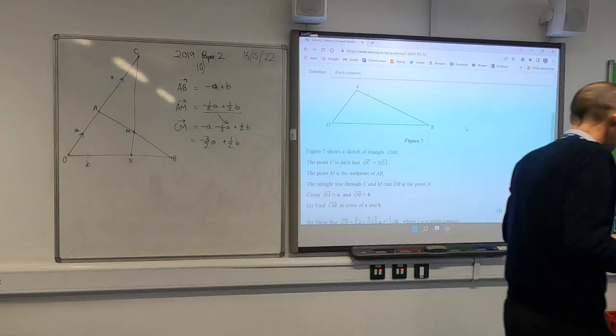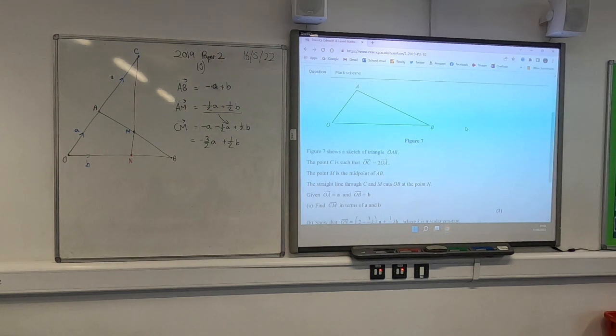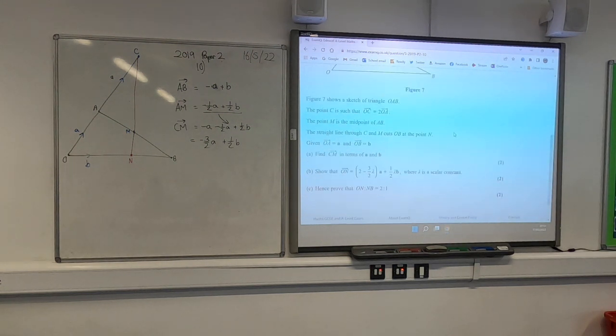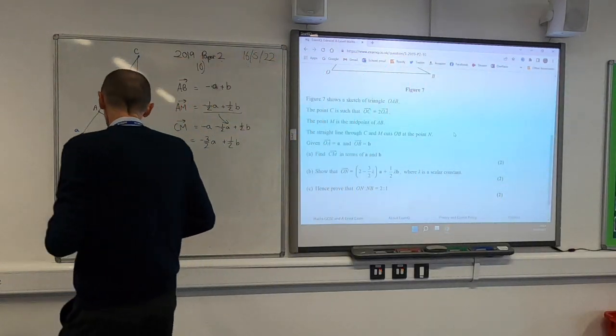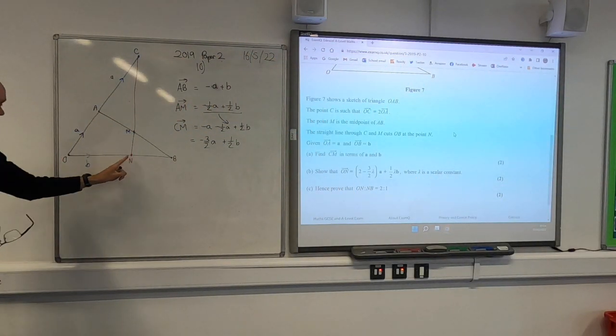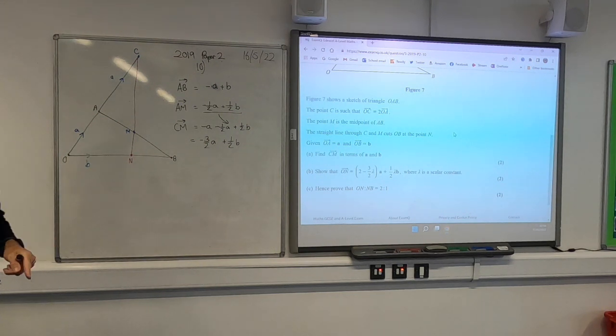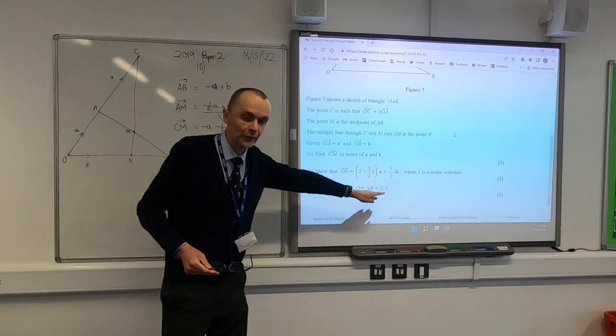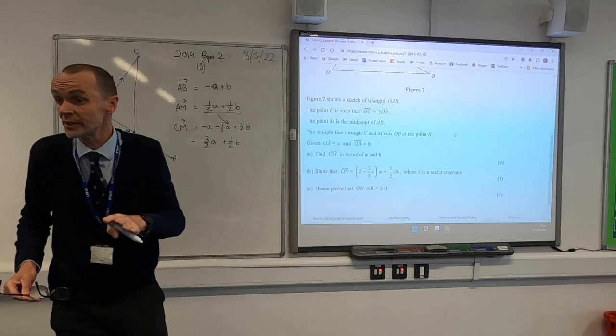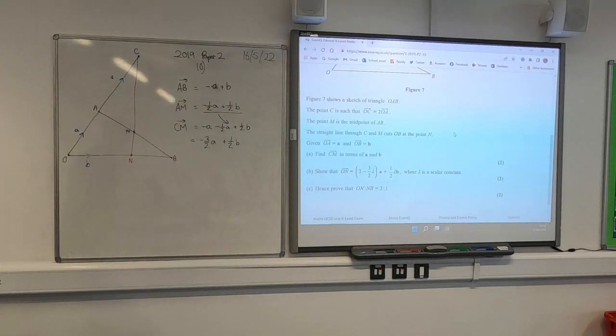Okay, they now ask about the journey from O to N. Now we don't know how far along OB N is, so I can't just say O to N equals some fraction of b, although we've got to prove that actually it's 2/3, but we can't just say that. So I've got to think, okay, I don't know this journey yet.